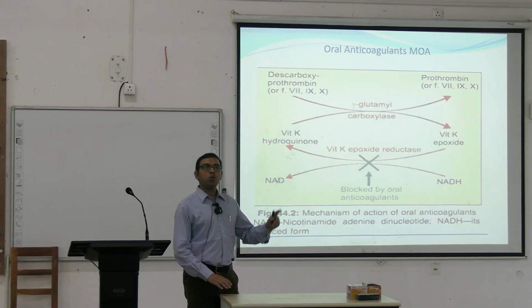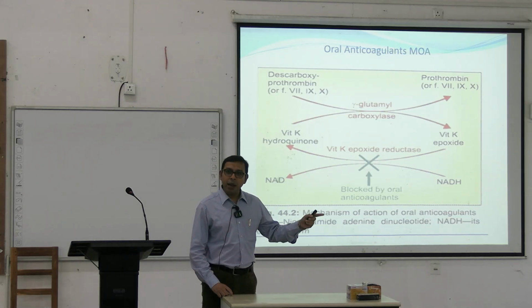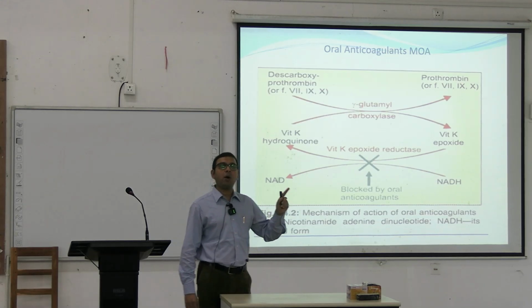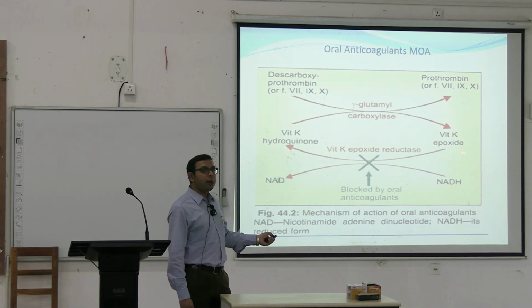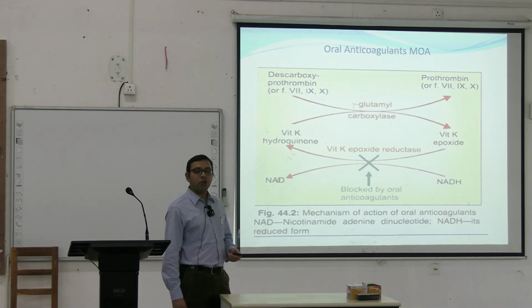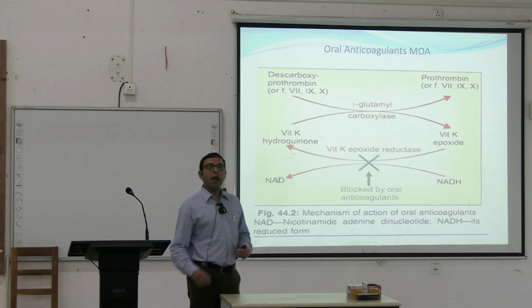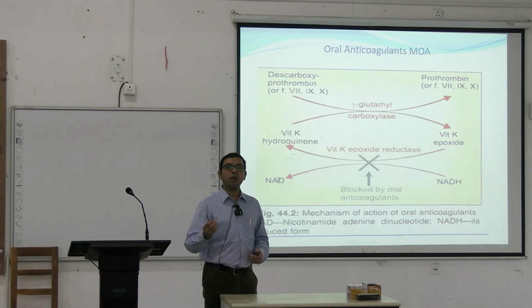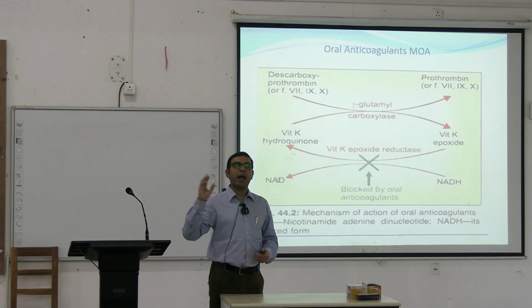So it is clear. Heparin mainly acts indirectly by accelerating the interaction between antithrombin and other clotting factors. Warfarin and other oral anticoagulants mainly act by blocking the conversion of vitamin K epoxide to vitamin K hydroquinone, by blocking the enzyme vitamin K epoxide reductase, and thus they block the synthesis and conversion of the inactivated form of factors 2, 7, 9, 10 to the activated form.